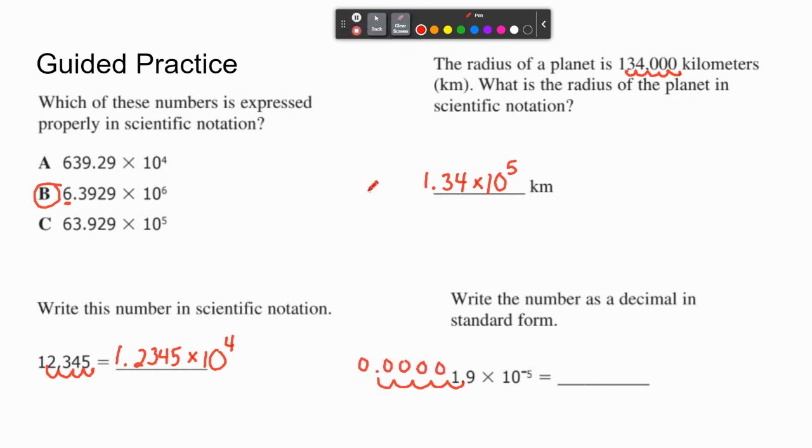And when I fill in all my blanks with zeros, I'm going to have 0.0000019. And if I want to check, I can imagine moving my decimal 5 places over and make sure it lands between the 1 and the 9 like it's supposed to. 1, 2, 3, 4, 5. Yep, that means we did it correctly.